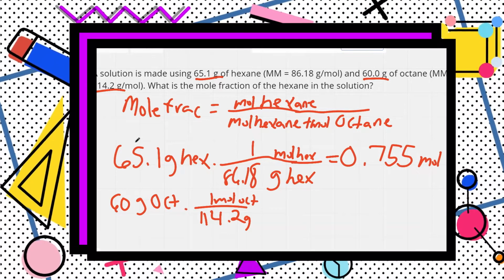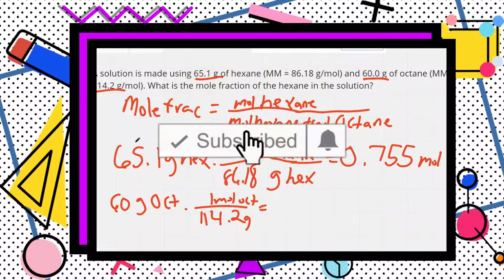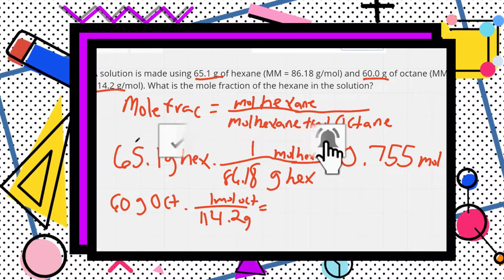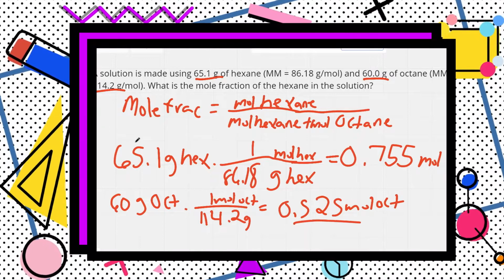And what is that going to be? So we're looking at 0.525 moles of my octane. So now that I have both my moles here, what do we have to do from here?